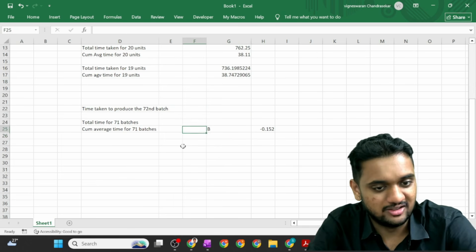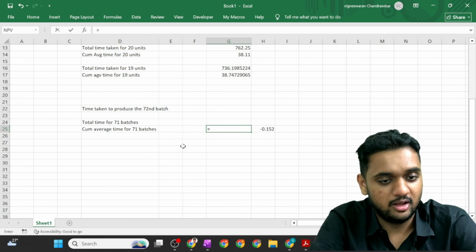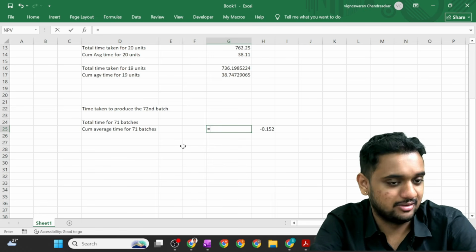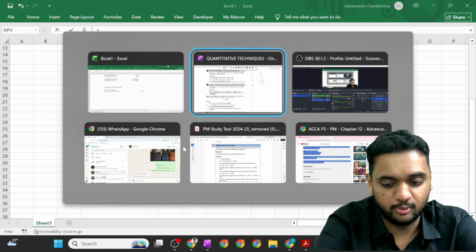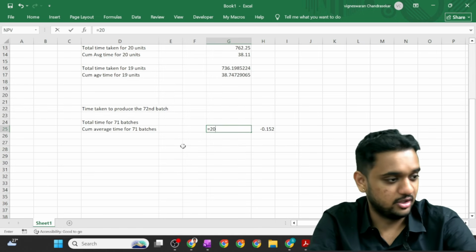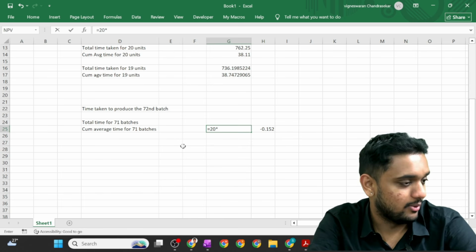Now the cumulative average time. What is the formula? A into x to the power b. What is A? The time taken to produce the first unit, which is 20. So it is 20 into x to the power b. What is x?